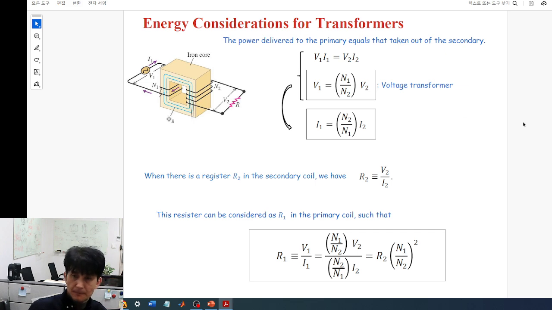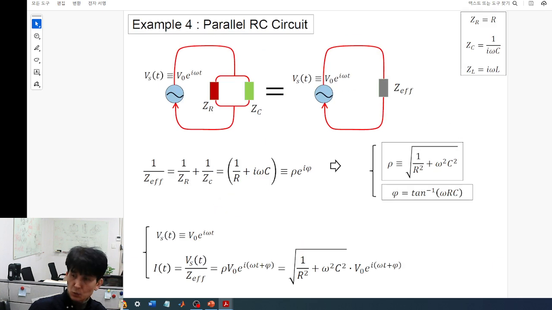That's about it. So I'll finish chapter 31 at this point.